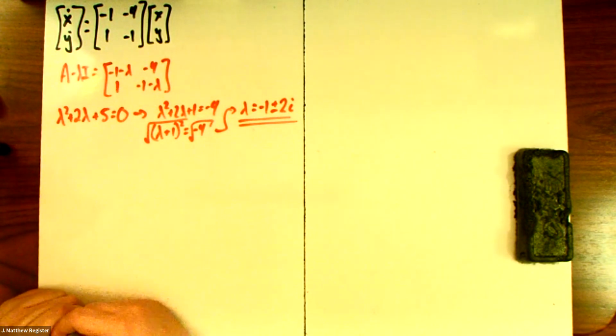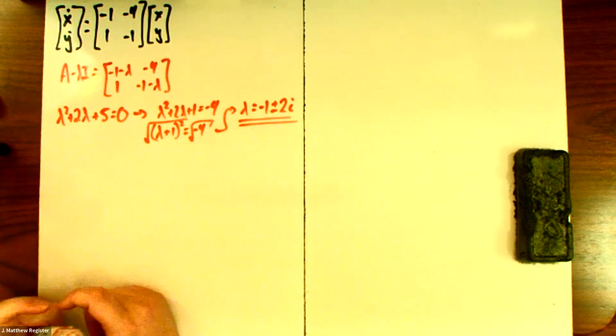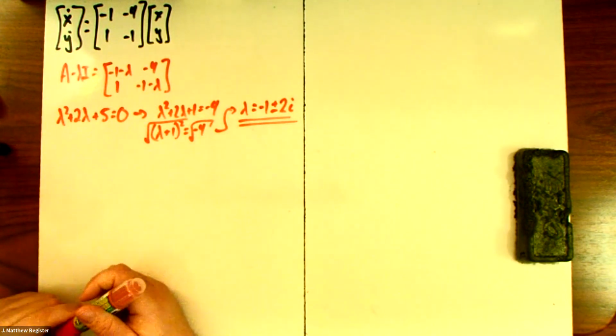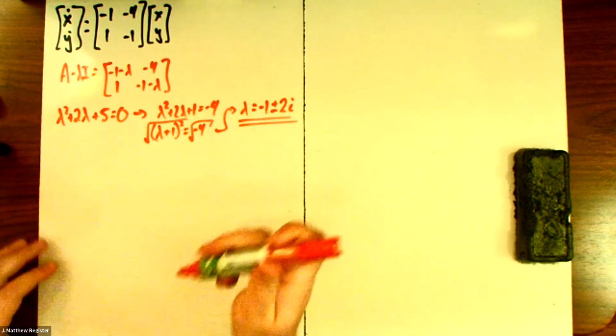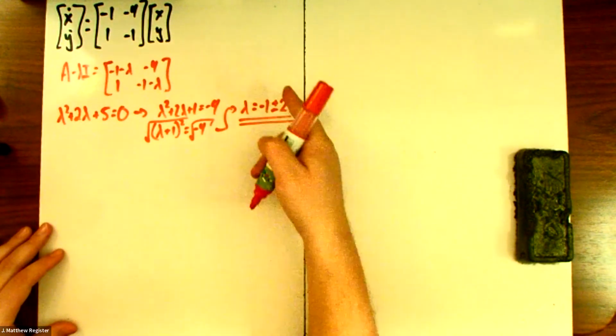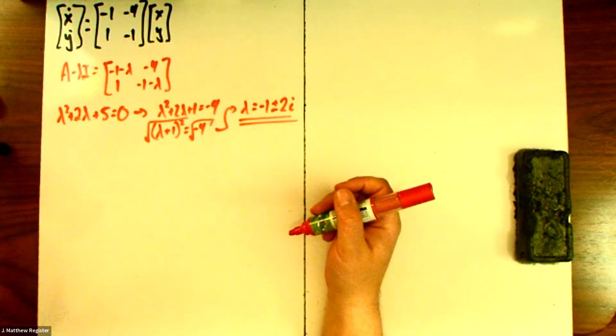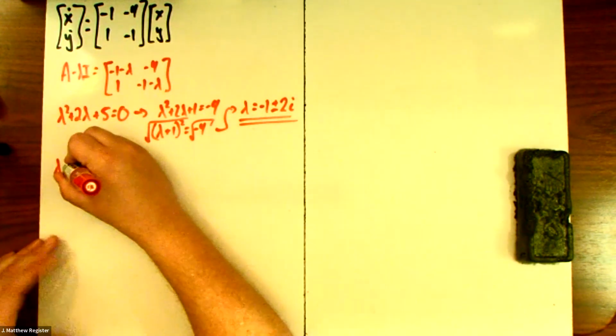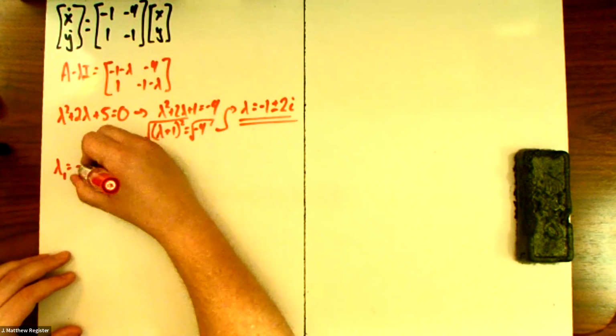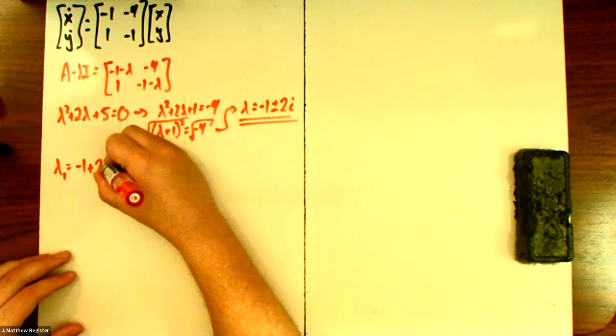We could have written this as lambda 1 and lambda 2, but remember, we're only going to need one of them because we're going to create an eigenvector for one of these, and then use it to figure out the general solution. Typically, it's a good idea to use the positive one just for consistency's sake. And so let's let lambda 1 be equal to -1 plus 2i.